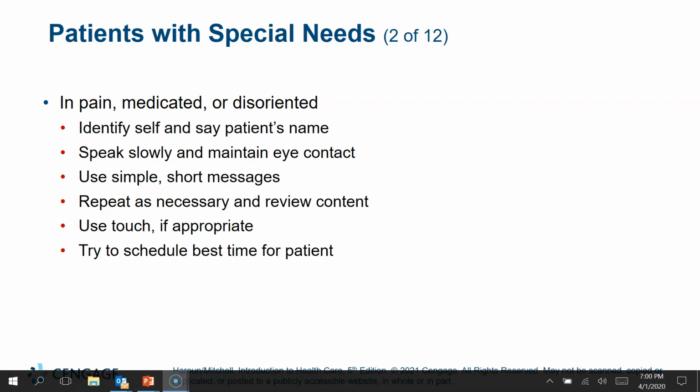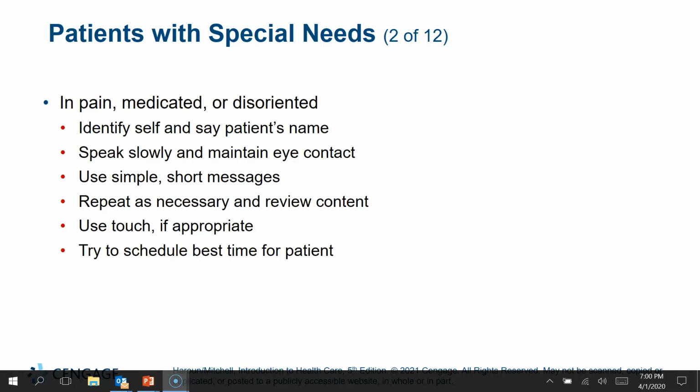But anyway, when we're talking about these patients with special needs and touch, be very careful. If you're going to touch someone, watch for their immediate response. If someone is uncomfortable with touch, you will see them actually retract away from you. So it really is important that you watch about touching. The other thing is, when we're scheduling appointments, make sure we're trying to schedule them at the right time that's best for them.